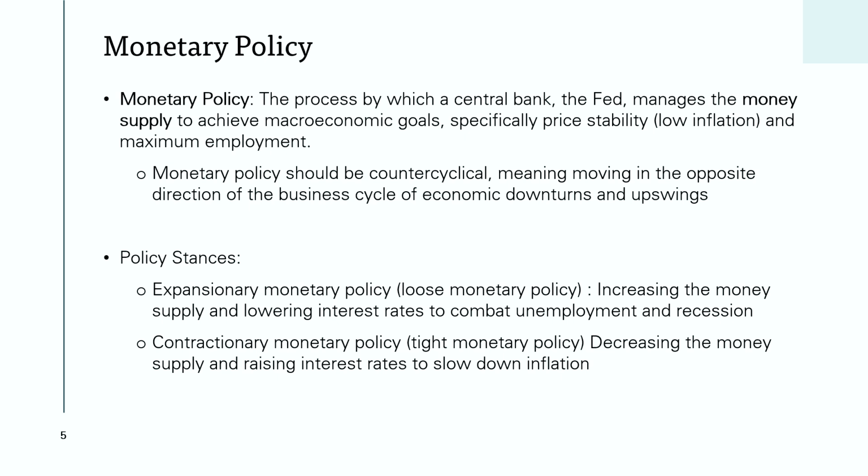When the Fed decreases the money supply and raises interest rates, it uses contractionary monetary policy, or tight monetary policy, to slow down inflation when the economy is overheating. These policy stances are countercyclical, which means they move in the opposite direction of the business cycle.